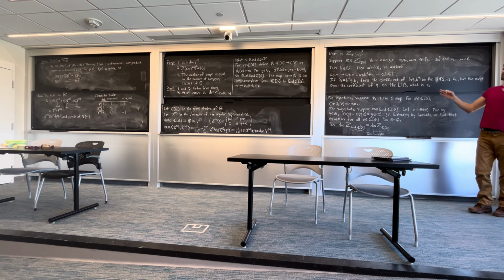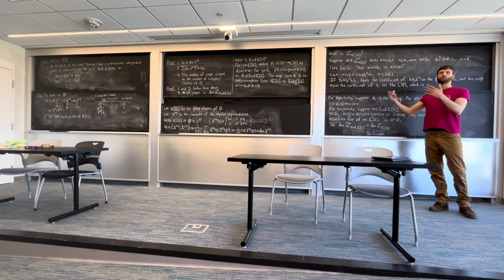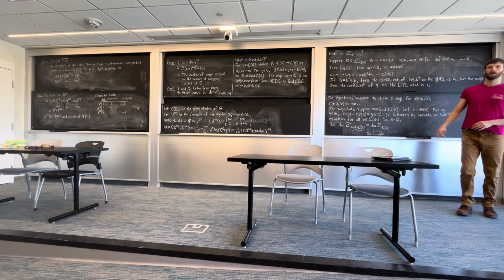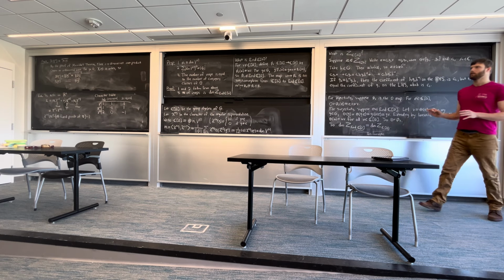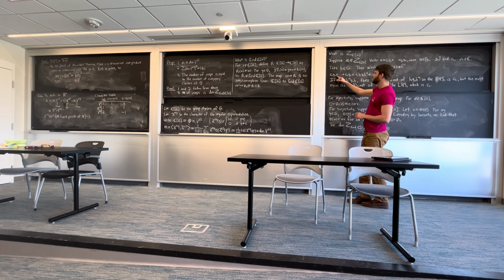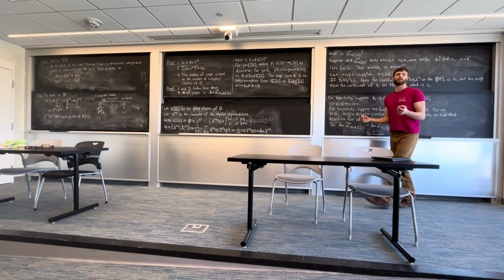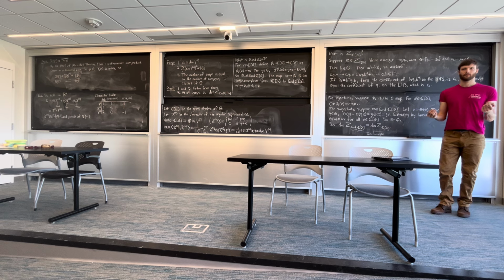Okay, and there's nothing special about G1 here. We could have done this with G2 or G3 or whatever, and H can be arbitrary. So what this is really showing is that if you take any two elements over here that are conjugate, their coefficients have to be the same.